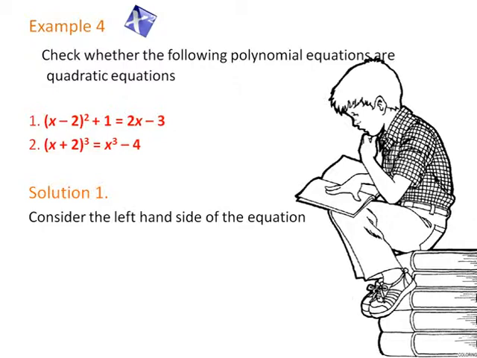Consider the left hand side of the equation. We have x minus 2 whole square plus 1 on the left hand side. Let us try to open this. We get x square minus 4x plus 4 plus 1, or x square minus 4x plus 5. Hence we can write x minus 2 whole square plus 1 as x square minus 4x plus 5.